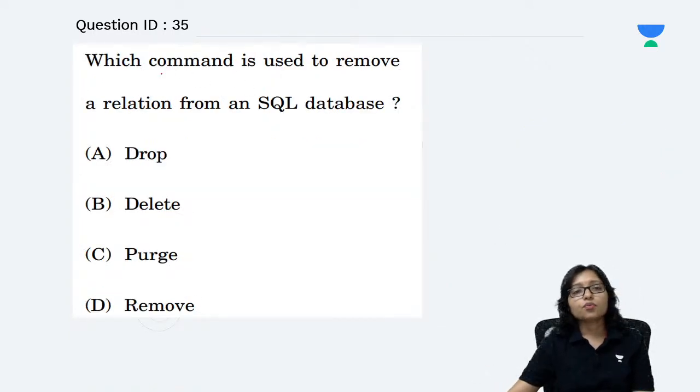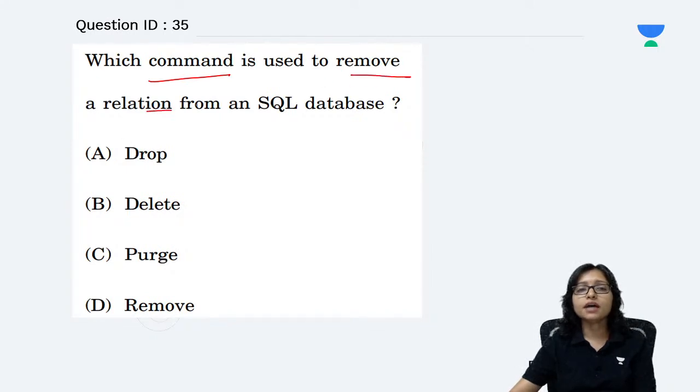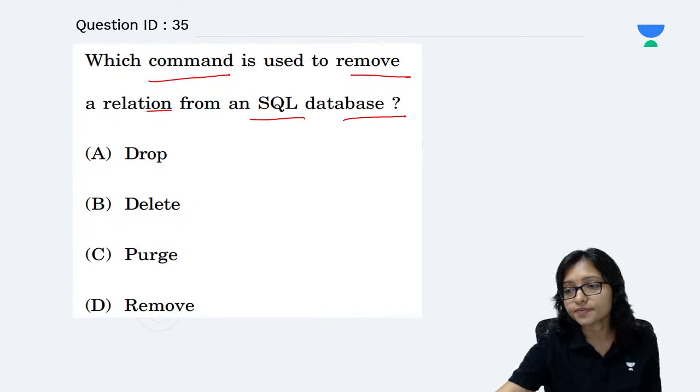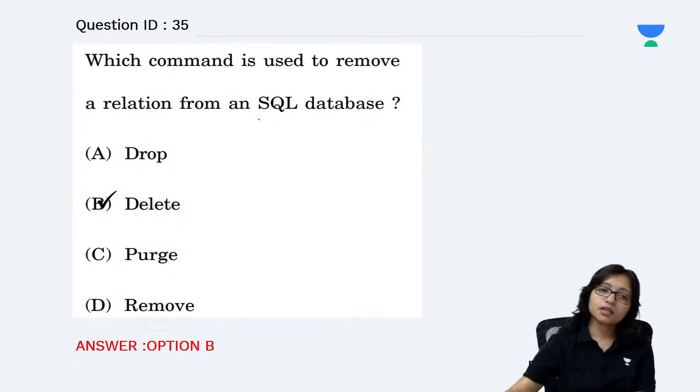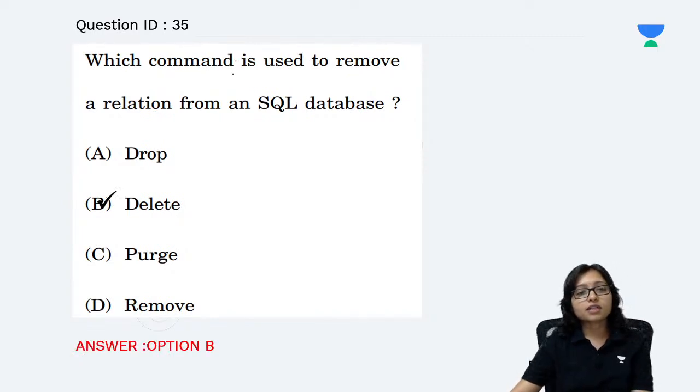Now next one. Which command is used to remove the relation from the SQL database? It is very easy. Here also the answer key is wrong.